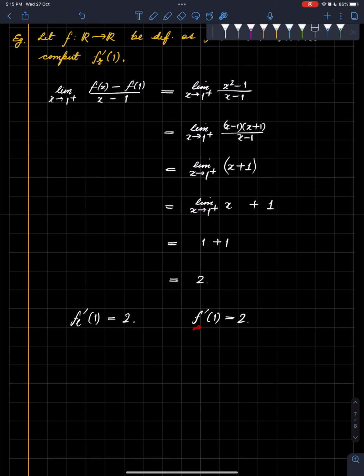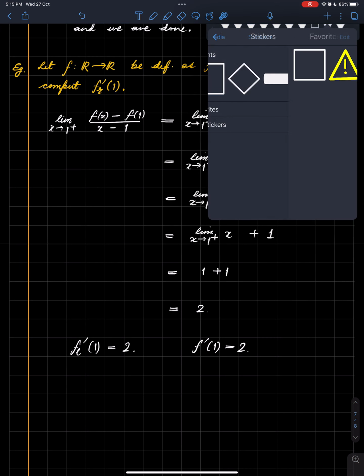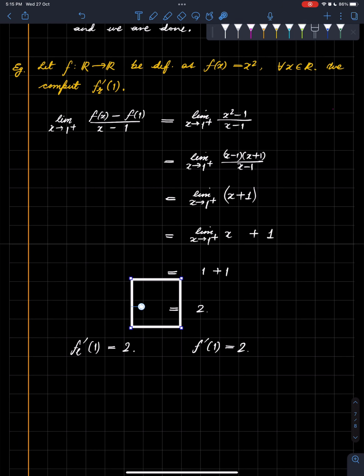I don't think I introduced this notation. If the function is differentiable at a point, then its derivative is denoted by f prime at that point. And in fact, you can show that the derivative exists not just at 1, but at every point of the real line. This is a particularly nice function. It is differentiable everywhere, and you can calculate the derivative. That's an exercise. In fact, you must have done this in high school, albeit non-rigorously.